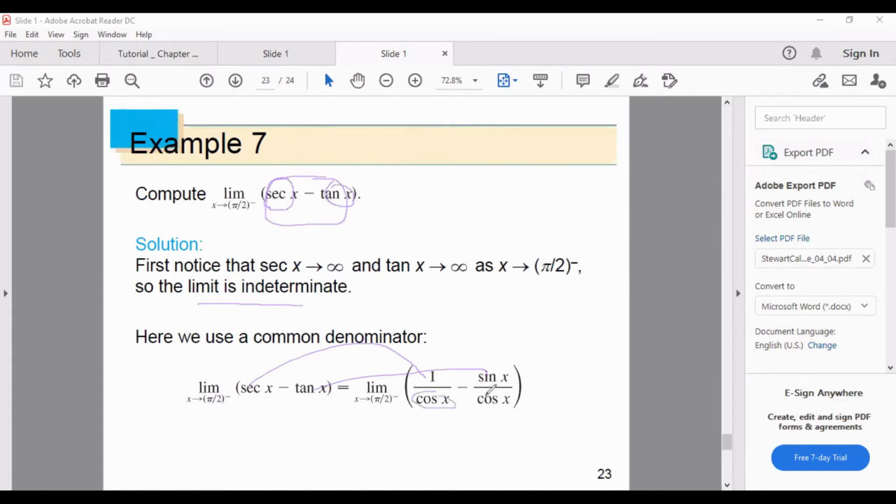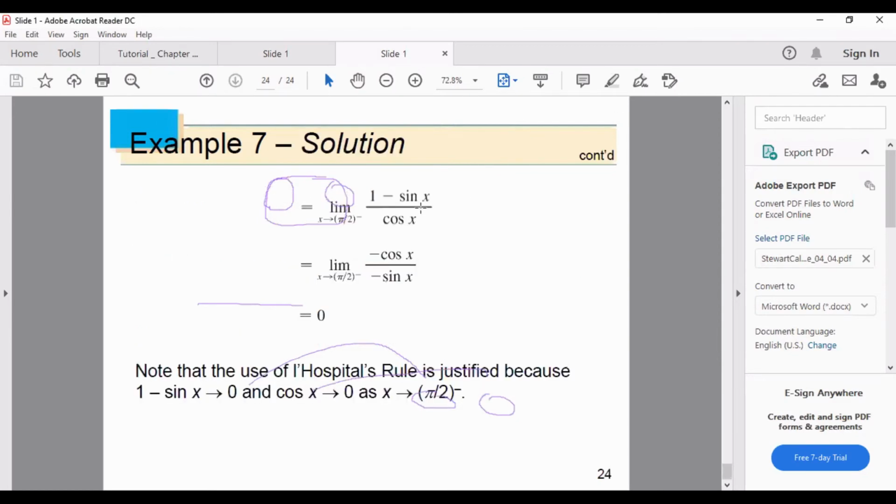Then we can write it as 1 minus sine divided by cosine. It's a hard limit once again. We evaluate it at pi over 2 from the negative side. This one goes to 0, and this one goes to 0.